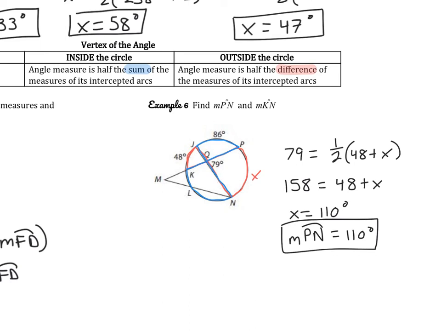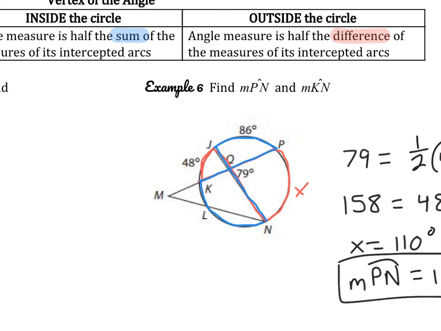Again, they're intersecting inside, so the angle measure should be half the sum of the two arcs. So maybe you're thinking, well, we don't know the angle measure, but we can easily find it because here we have supplementary angles. So again, any straight line, the angle should add up to 180. So if this angle is 79 degrees, this angle that is adjacent to it should be 101 degrees.